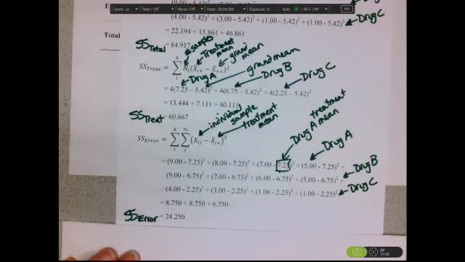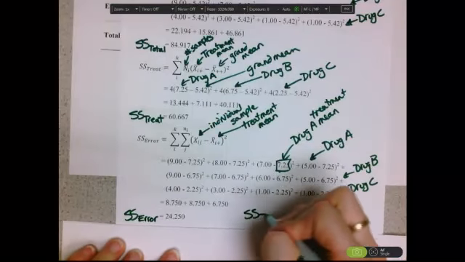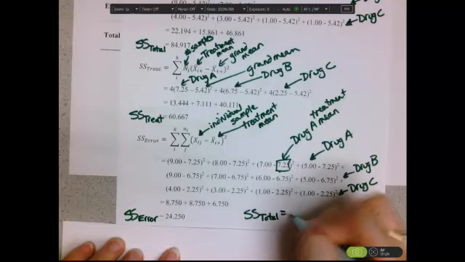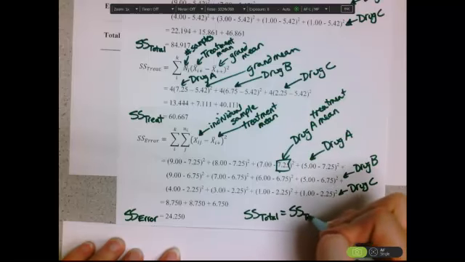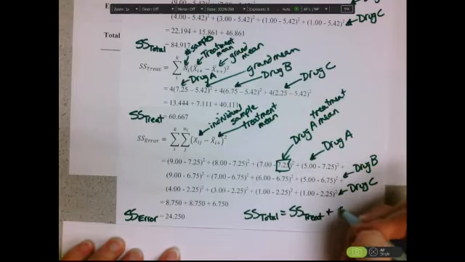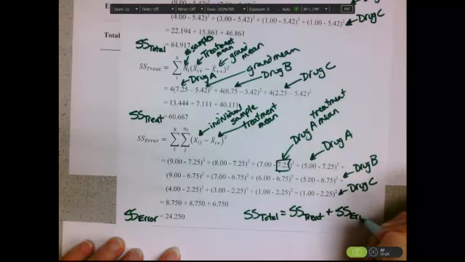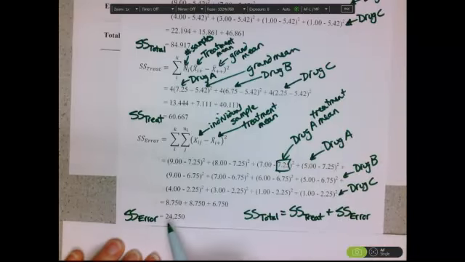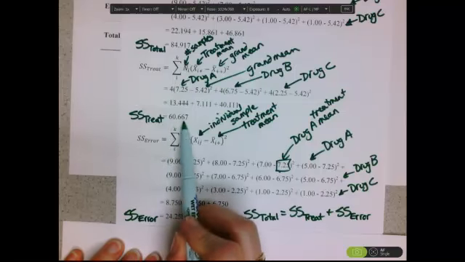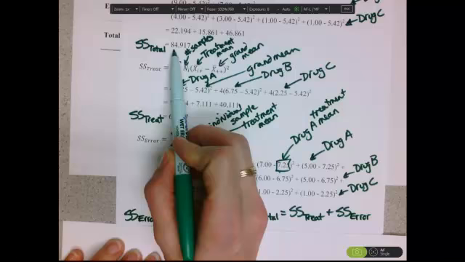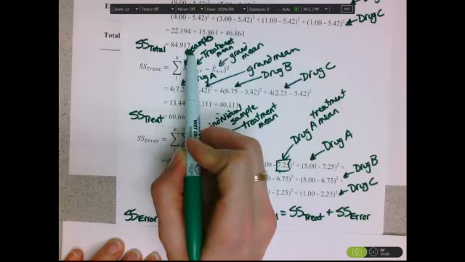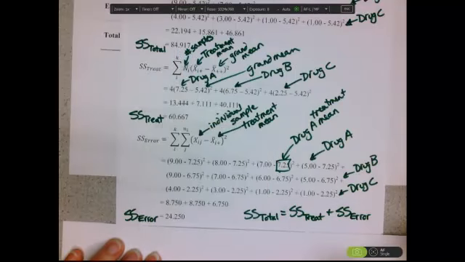Recall that sum of squares total is equal to sum of squares due to the treatment effect plus the sum of squares error. And 24.250 plus 60.667 equals 84.917.